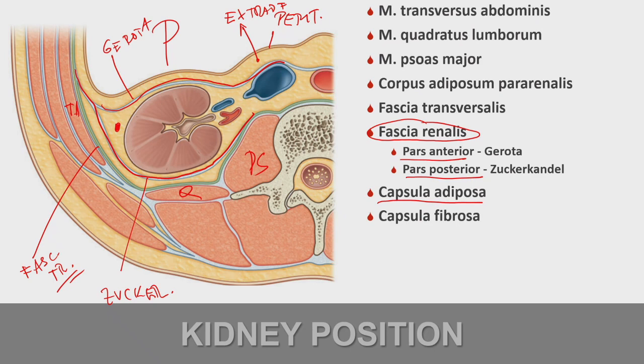And directly on the surface of the kidney, we can observe a glossy, thin membrane, which is called capsula fibrosa. So the kidney is delineated from the peritoneal cavity by the peritoneum, extraperitoneal fascia, and renal fascia.